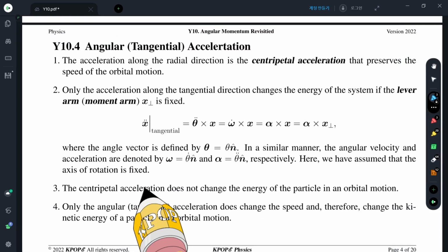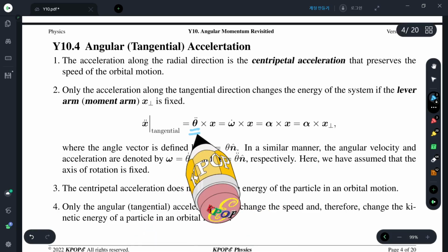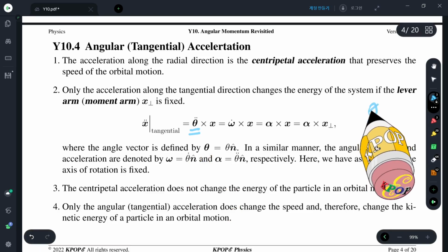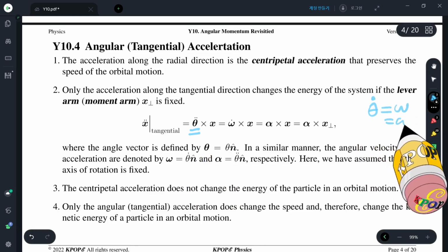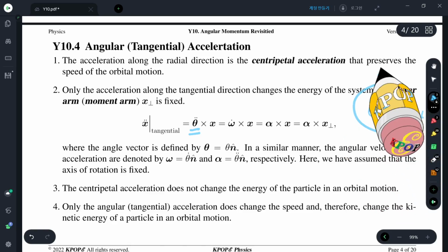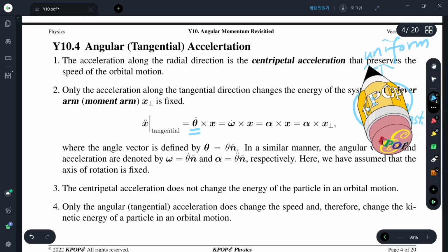Tangential acceleration is also possible if the magnitude of theta dot is not constant. If constant, then uniform circular motion.